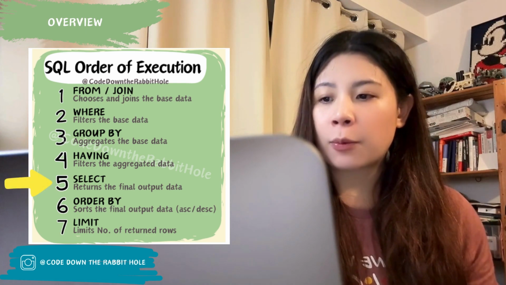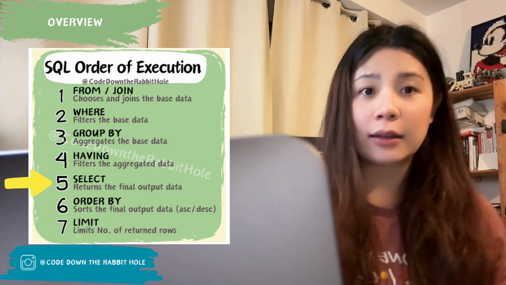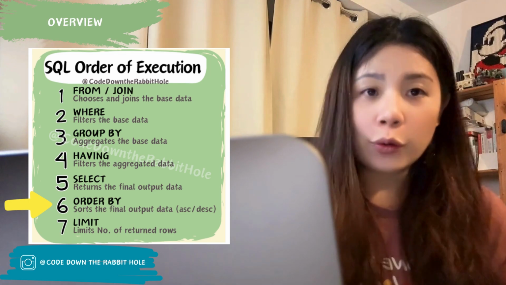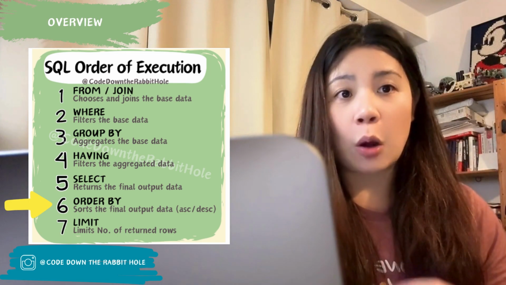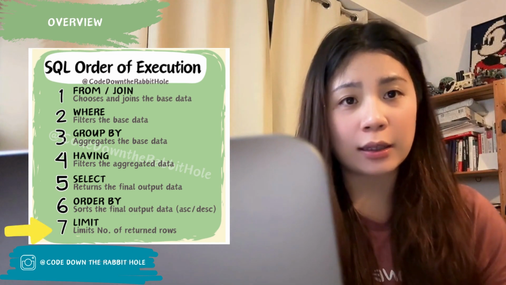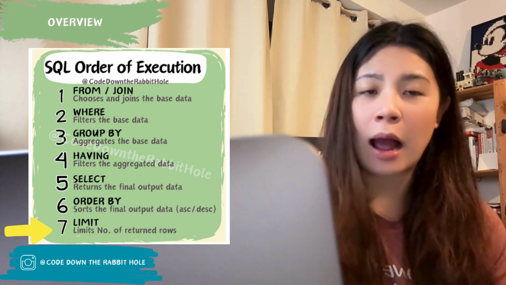Then we have SELECT, which determines the data as the ultimate output. Next we have ORDER BY, which helps us order the table accordingly. And then LIMIT gives us the ability to limit the number of records in the returned output.